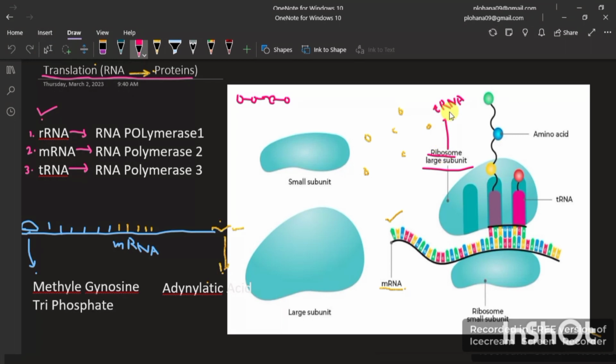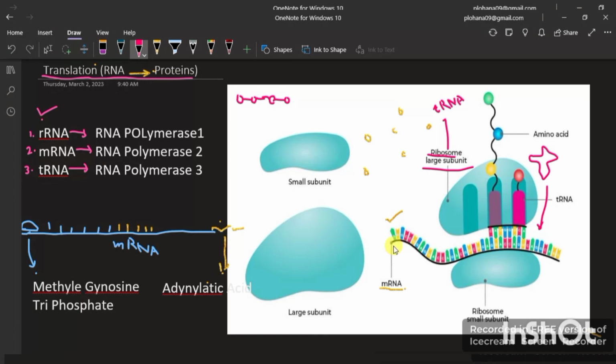Now let's see the work of tRNA, the transporter RNA. Basically, I'm making the tRNA here. As you can see, tRNA is folded like this. This tRNA will come here and read this whole code.